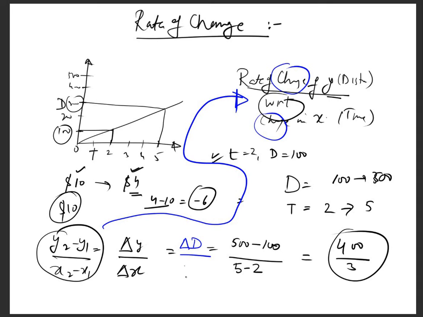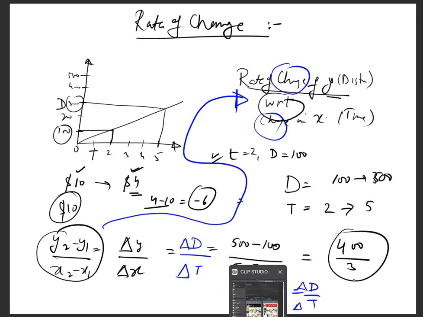And change in x is nothing but change in the time. And I know from my knowledge of speed, distance, and time, speed is distance over time, change of distance over time, right? So for a distance-time graph, this is also called speed.